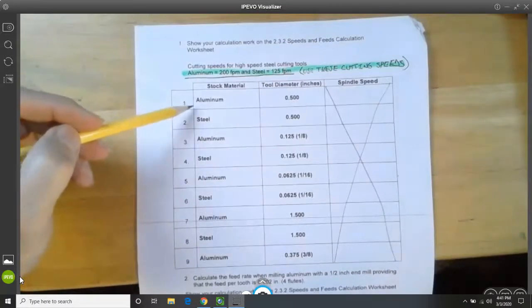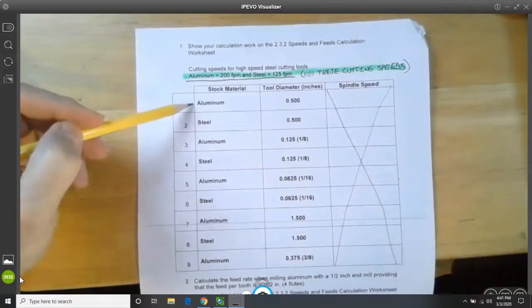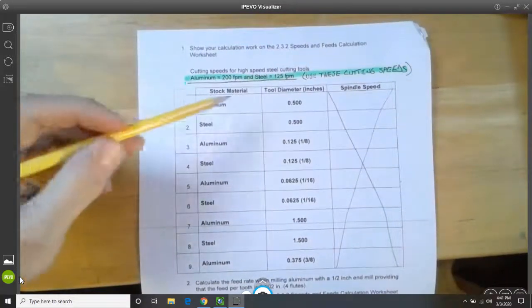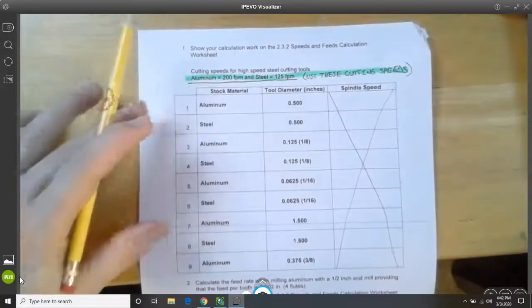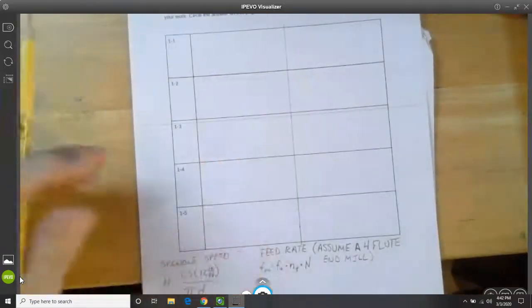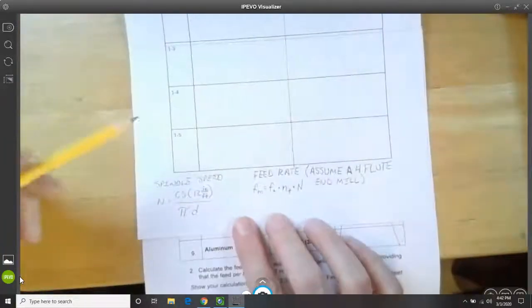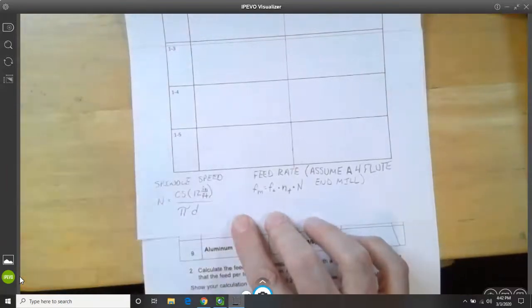Now, here we have number 1. The material is aluminum, and the tool diameter is 1/2 an inch. So I'm going to get out my speeds and feeds calculation sheet. What I did with this sheet is I put the formulas down here at the bottom. If you prefer to flip back and forth between the front and this page, you can do that.